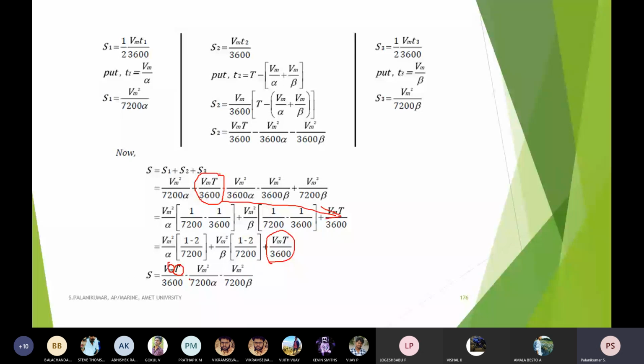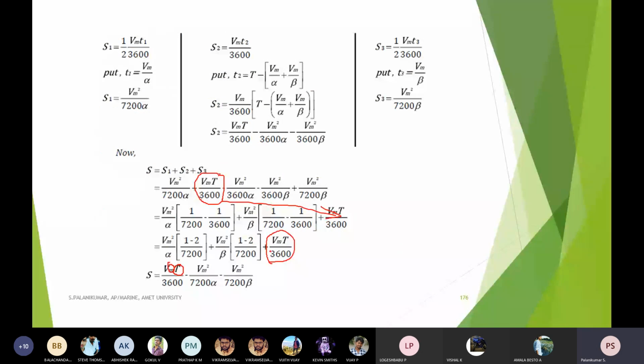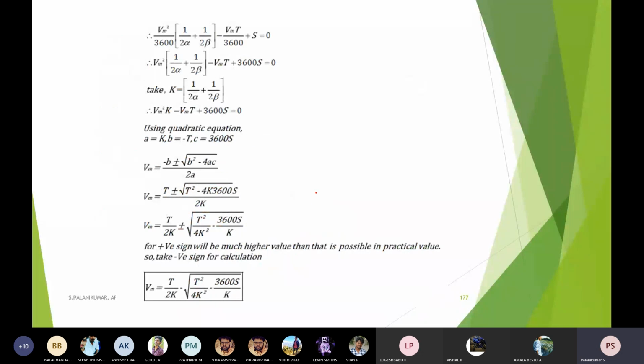If I know that, I can know what is S. That is nothing but the total distance of run in kilometer. So this is how it is happening.